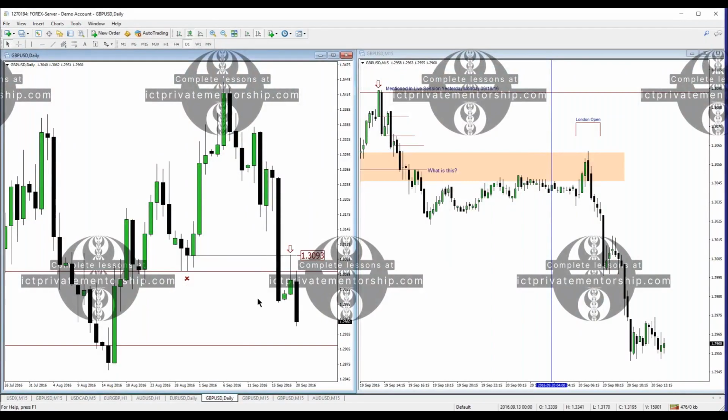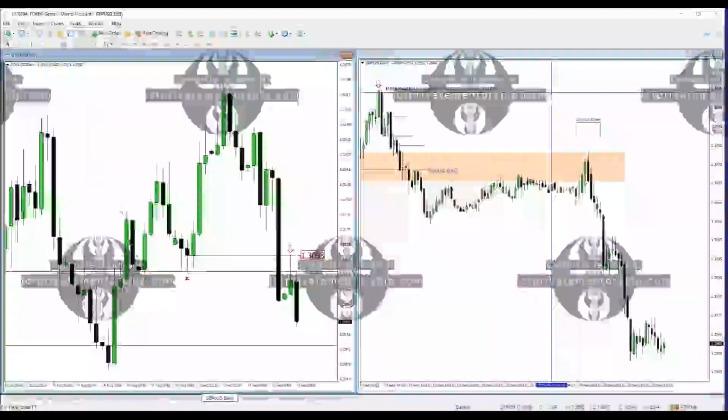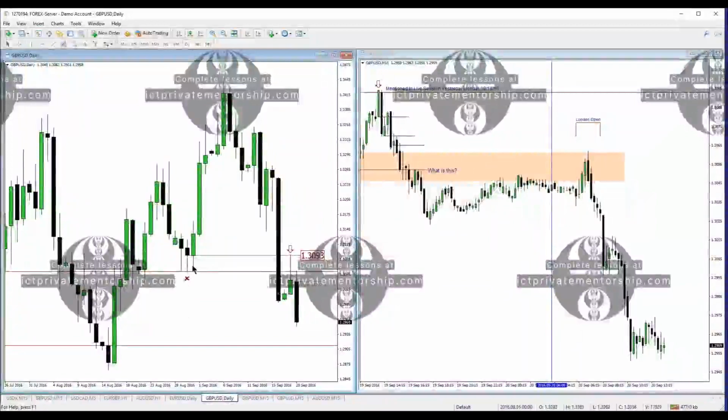So now we have our level 130.60 relative to the breaker. I'm sorry, it is a breaker, but it's also a mitigation block because we're both below it. These equal lows in here we've considered, but we rounded down to the nearest round 0 level, so 130.60.